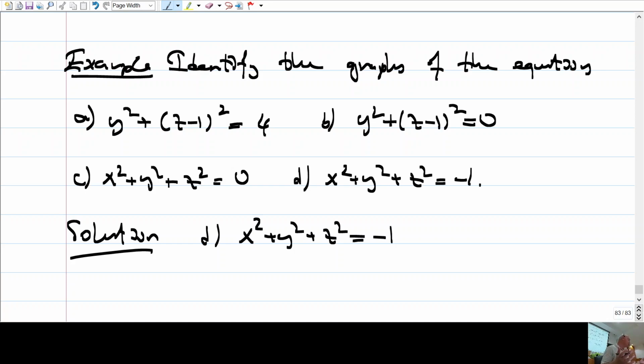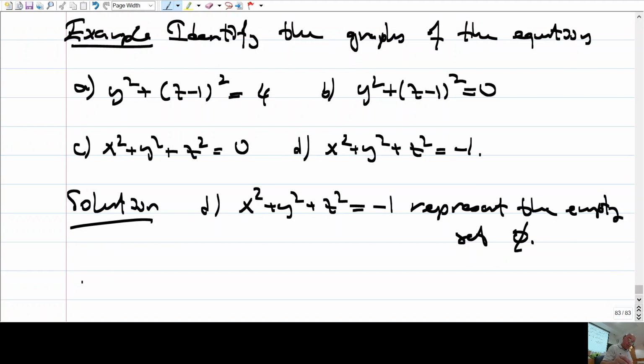Well, there is no such point. So this represents the empty set. So its graph is just the empty set, okay? There's no point like this.